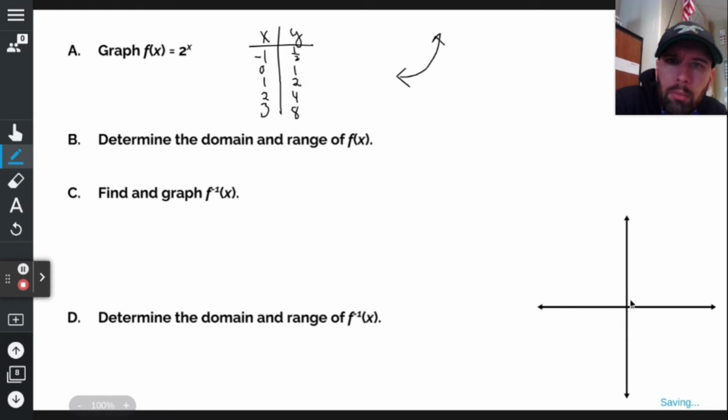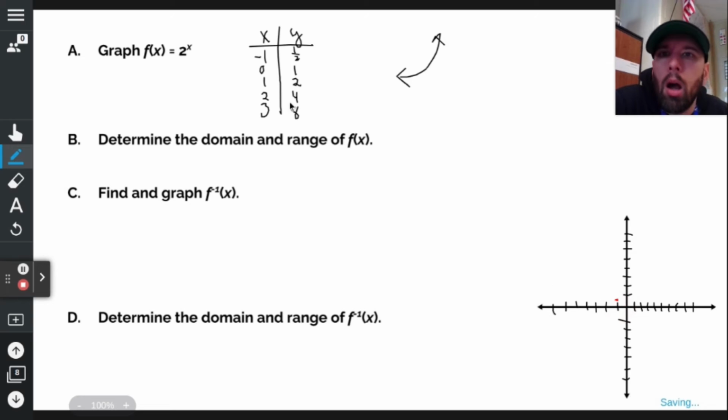Okay? So let's make sure that I go out this far. I have a feeling that I'm supposed to do a log. Oh, yeah. All right, so negative 1 was a half.